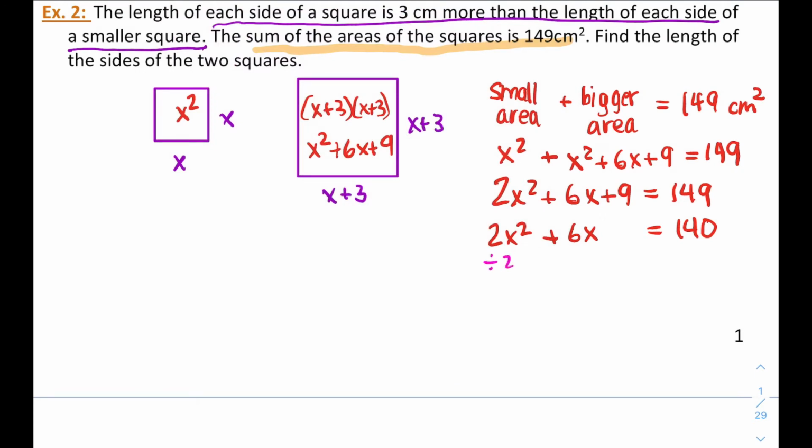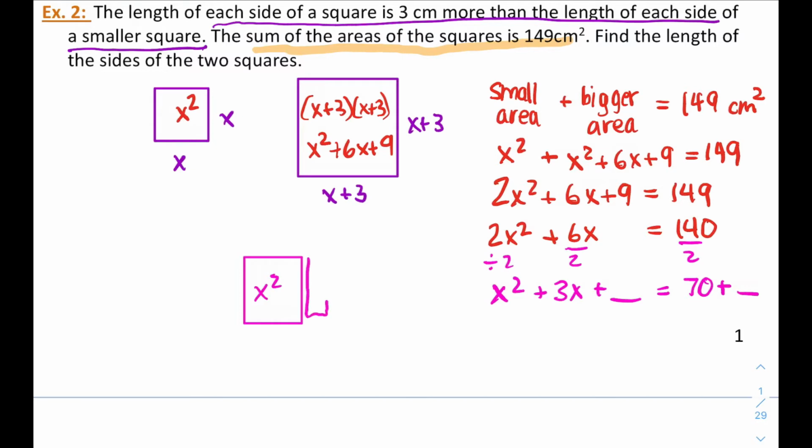If I do complete the square, that means I need a coefficient of 1 on my squared term, so I'm going to divide everything by 2. Completing the square is kind of my favorite. And then I need to figure out what it will take to complete the square. So this is going to be a very sloppy diagram here, but I have x squared plus 3x.